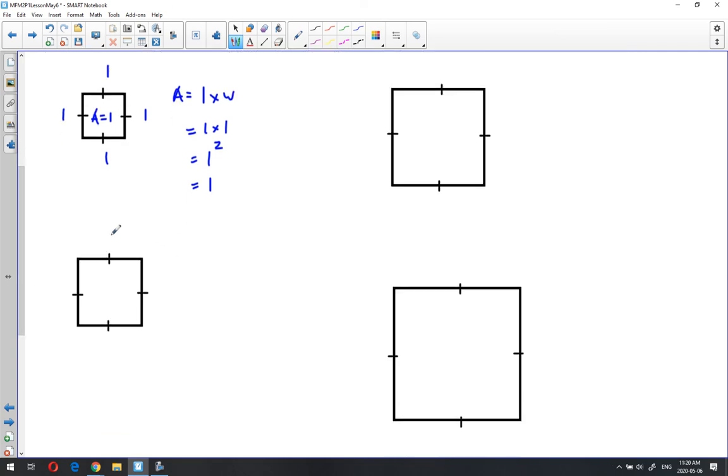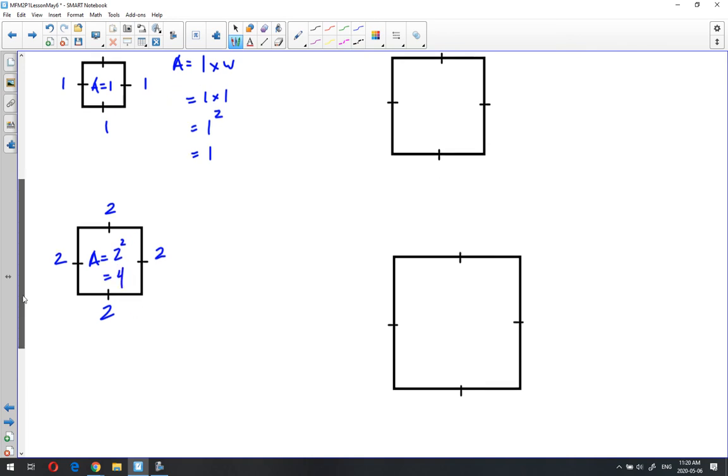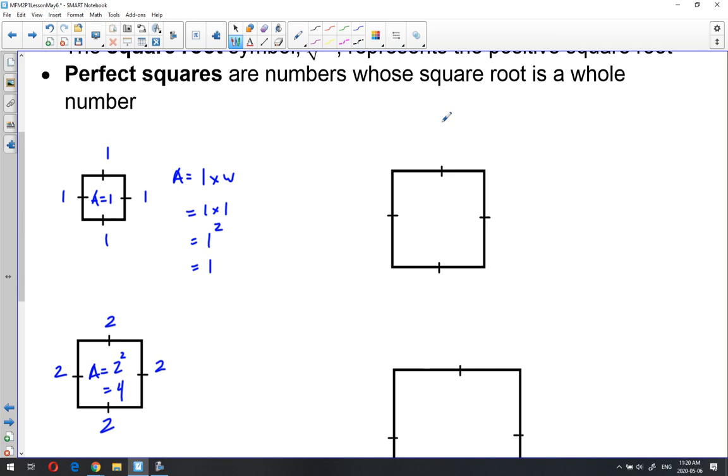Maybe this one is 2 by 2. This area would be 2 squared, which would be 4. This one here, 3 by 3, this area would be 9. So 3 squared is equal to 9.